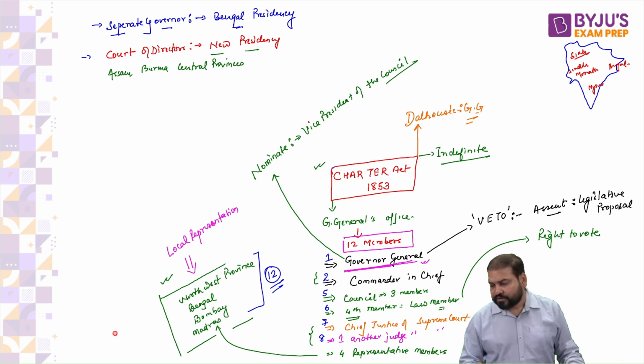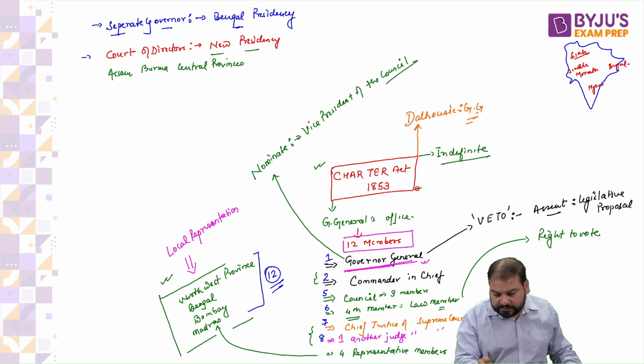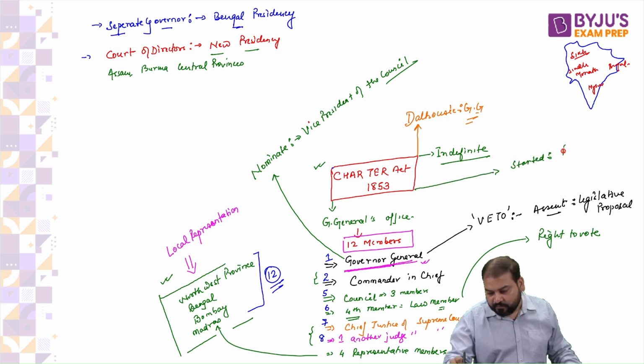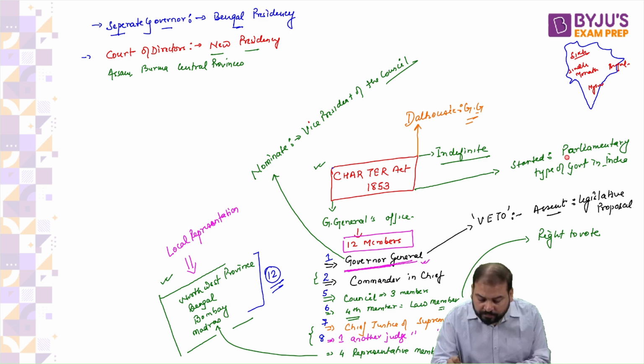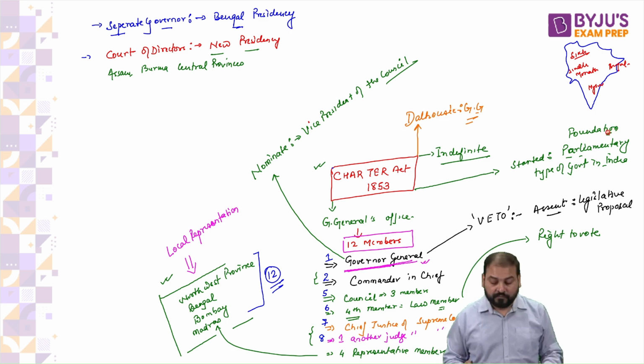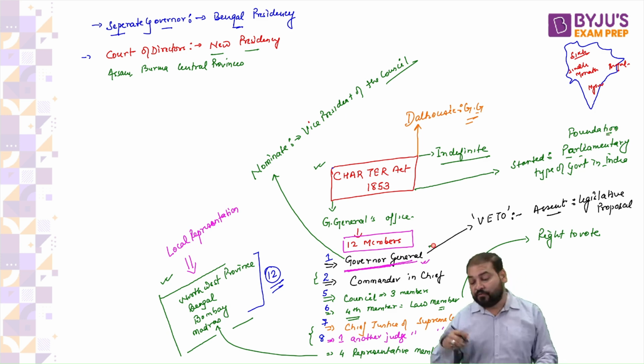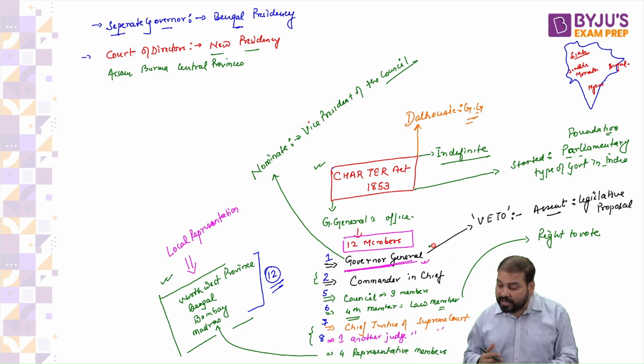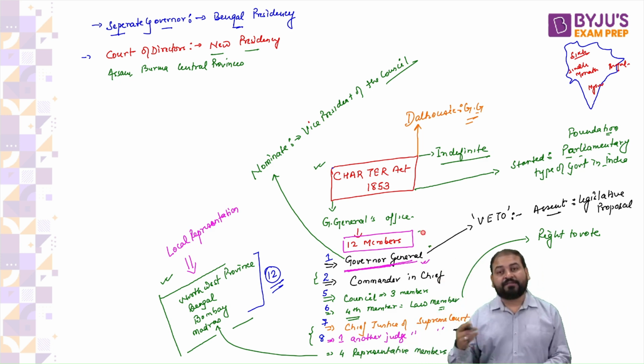Yes, you are correct. Absolutely correct, Chaitanya. They say that this started the modern parliamentary type government. The modern parliamentary form of government, the foundation of this can be seen here. This Governor General's Council, they would act as the legislative body also, and they would also be acting as the executive body.